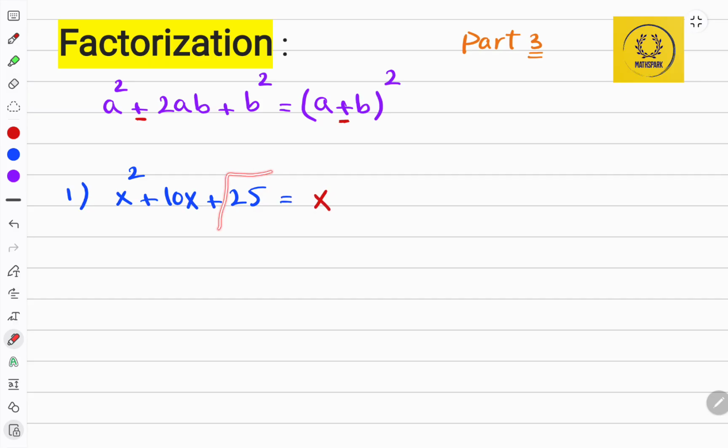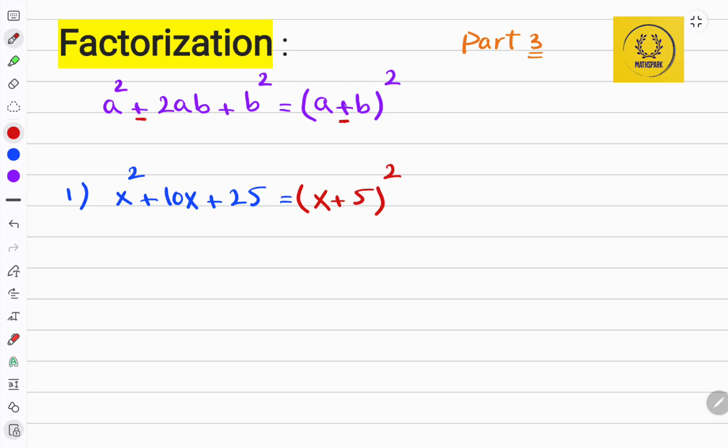The square root of the last term is 5. And 2 times x times 5 is 10x and is positive, so we have a positive sign here. So we can factorize the left side to (x plus 5) squared.